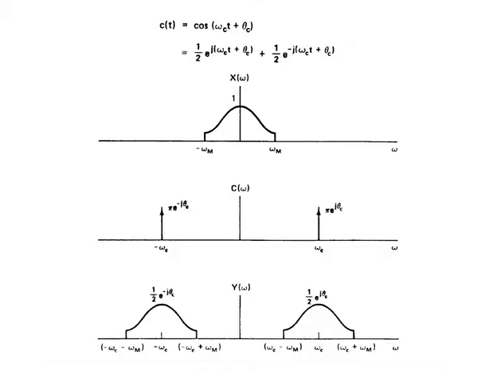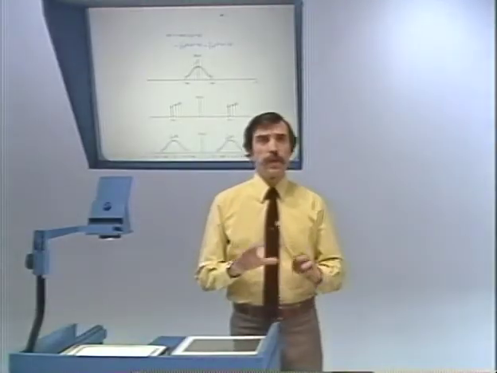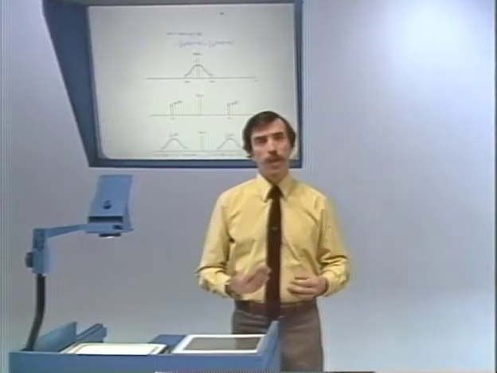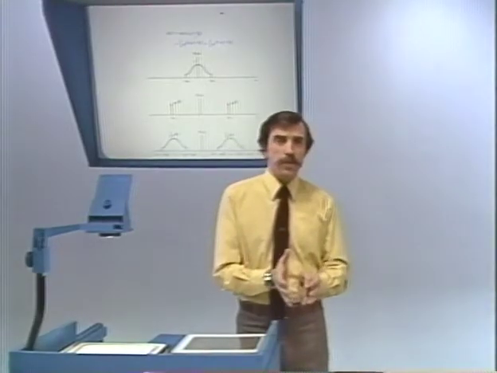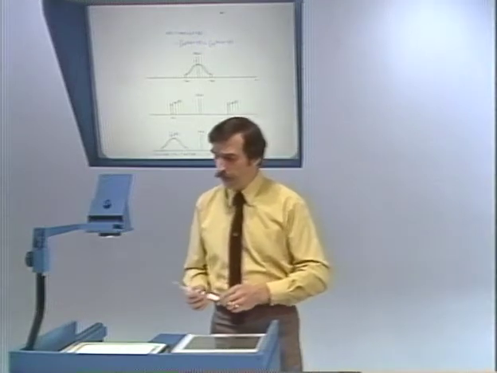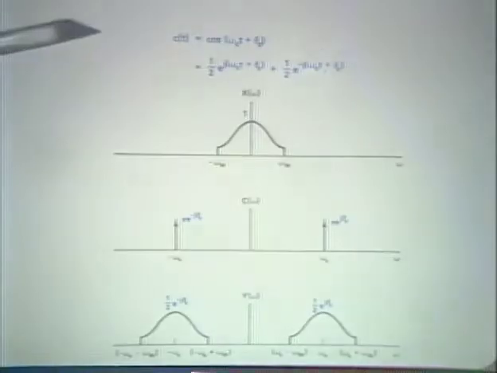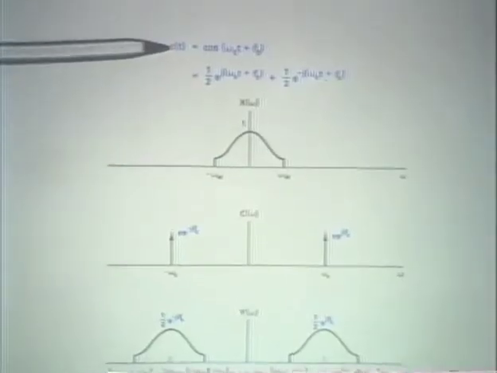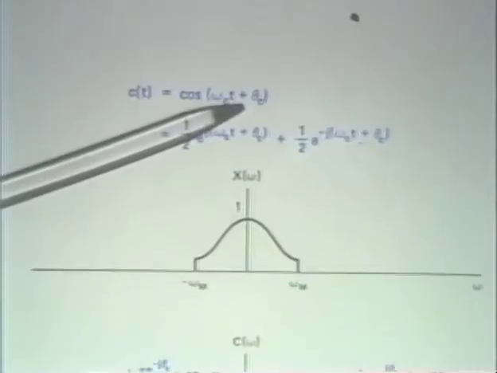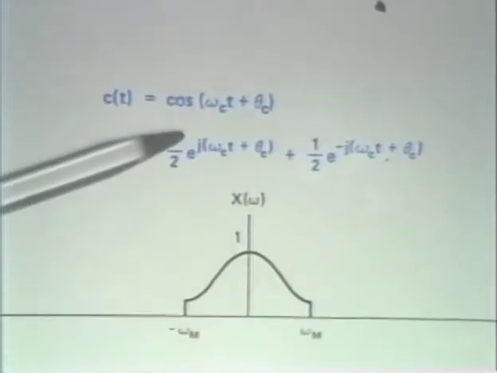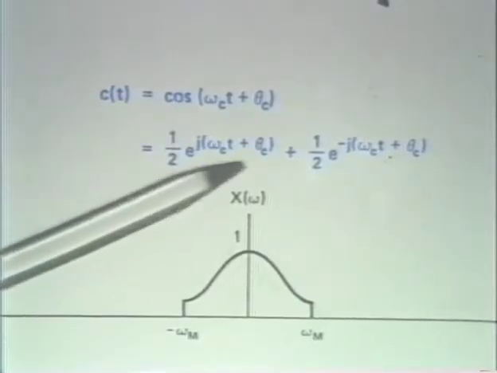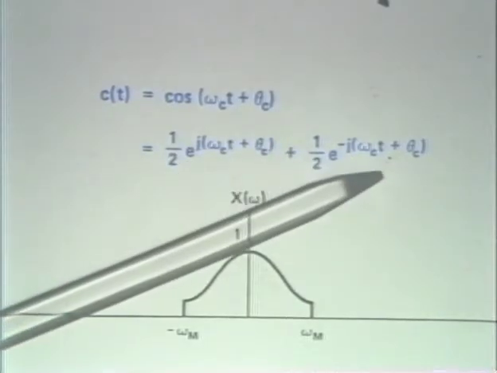Let's look at the consequences of modulation with a sinusoidal carrier, and in particular work through again what the spectra are and how we get the original signal back again. So we are talking about a carrier signal which is simply a sinusoidal signal with some phase. And of course we can write that as the sum of two complex exponential signals.